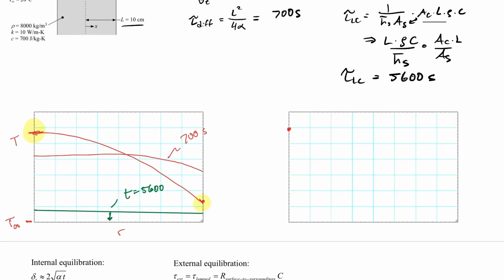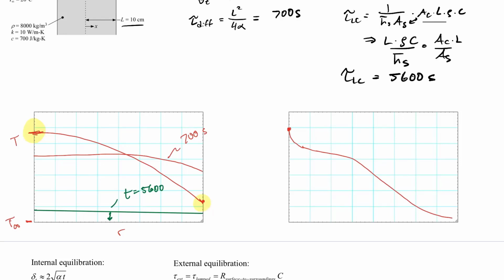That one, as a function of time, drops pretty quickly to come to equilibrium with the rest of the body. Then very slowly over time the entire thing comes down toward the ambient temperature.